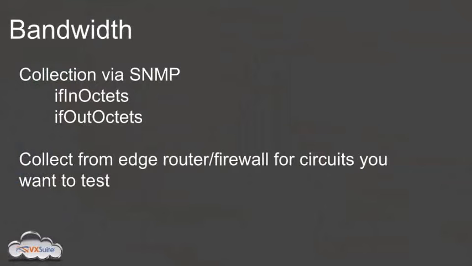Bandwidth. Obviously, voice over IP solutions require bandwidth. VXPulse is also capable of collecting all that information. What you're going to want to do is collect the bandwidth information for any border device that sits on a connection that voice over IP is going to go over, and we do that via SNMP. Typically, what we have found in our experience is that customers, even with their own equipment, are okay giving you read permissions to pull SNMP data.